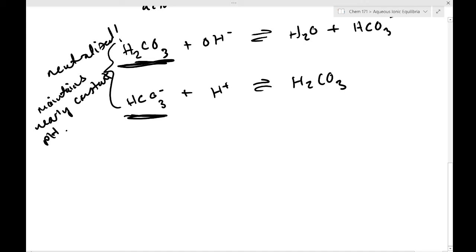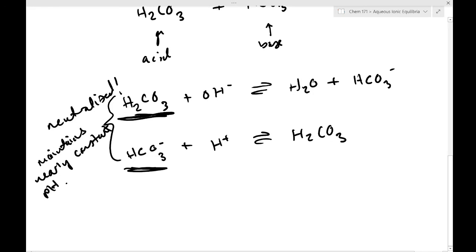Okay, and to make a buffer, all you have to do is mix a weak acid with conjugate base or a weak base with a conjugate acid. Weak acids and their conjugate bases don't act as buffers in and of themselves. Even though you have some amount of carbonic acid and some amount of carbonate in the solution, even when you make a carbonic acid solution, there's still going to be a small percentage that becomes deprotonated, and they're going to be present together in the solution.